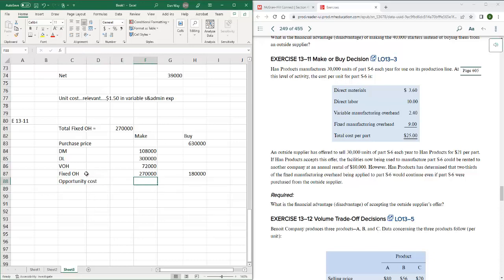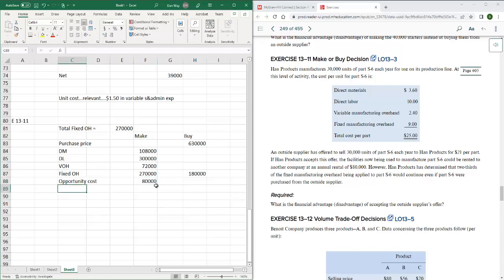It's not costing us an outlay of cash, but it is costing us an opportunity: making this part in-house and not renting out this space to the other company for 80 grand. So we should consider as a cost of continuing to make this thing that opportunity cost lost, $80,000.